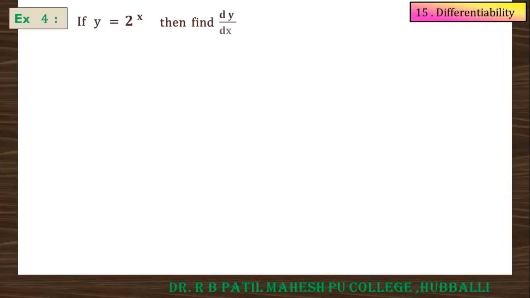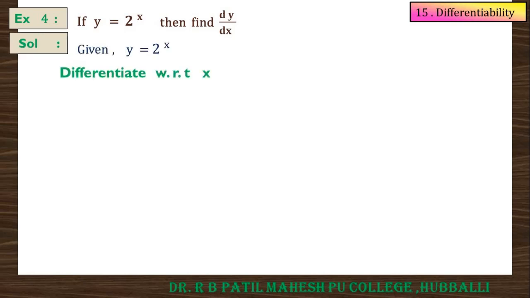So take an example on that. If y is equal to 2 raised to x, then find dy by dx. Now this is an example of a function in the a raised to x form. Given y is equal to 2 raised to x, differentiate. Here I am not using the log property for this function. I am not going to write the detailed solution, I am following the direct derivative answer. So dy by dx is equal to, as I said in the previous general form, same function into log of the base.